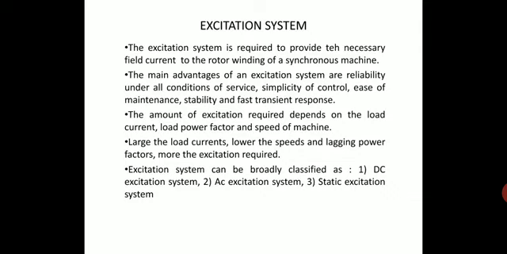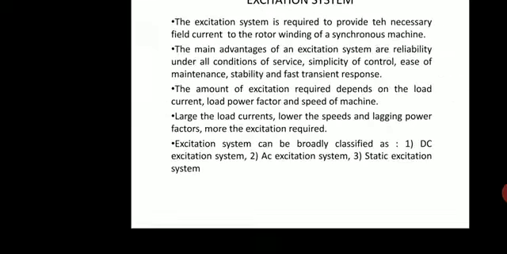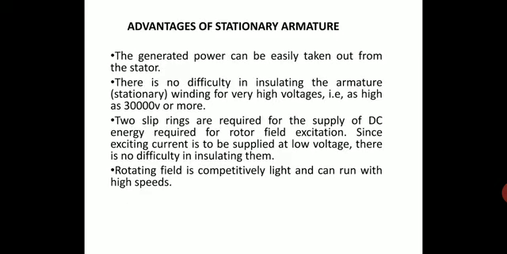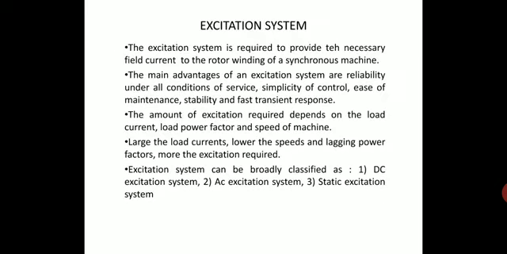The main requirements of an excitation system are reliability under all conditions of service, simplicity of control, ease of maintenance, stability and fast transient response. The amount of excitation required depends on load current, load power factor and speed of the machine. The larger the load current, the lower the speed, and the more lagging the power factor, the more excitation is required.